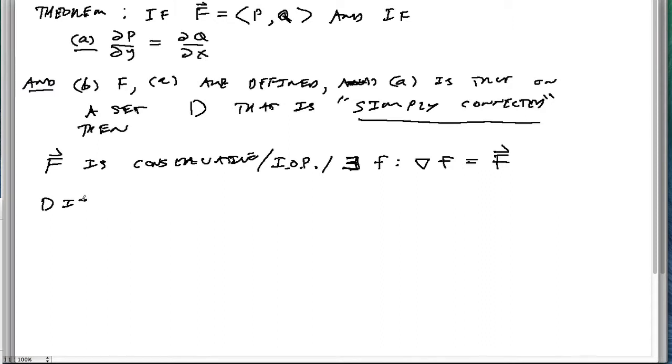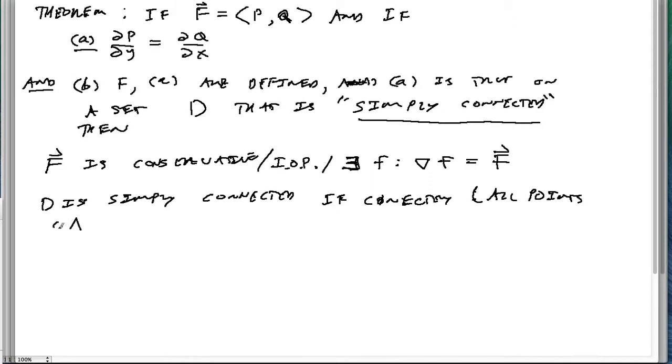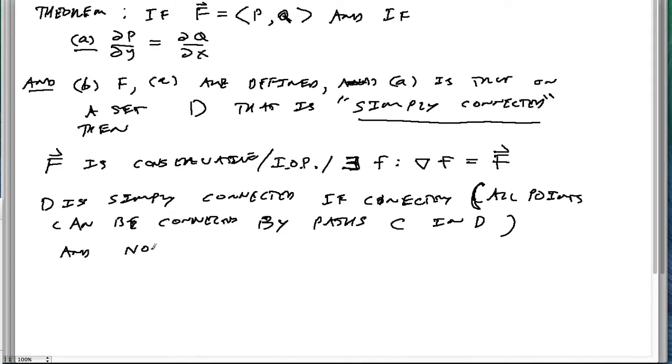D is simply connected if the set is connected, and that means that all points can be connected by paths C in D. Okay, that's a parenthetical, and there are no holes.